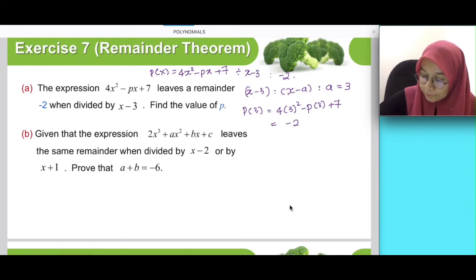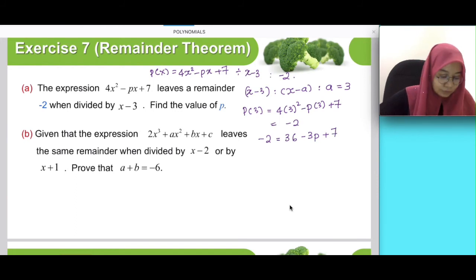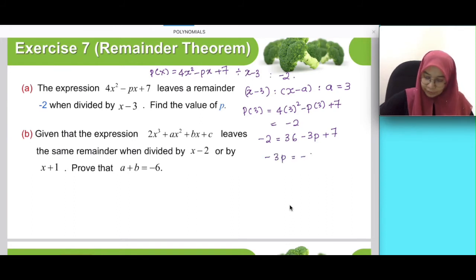So minus 2 equals 9 minus 3p plus 7. Okay, and then you do some algebra here. You will get negative 3p is equal to negative 45. P is equal to 15.